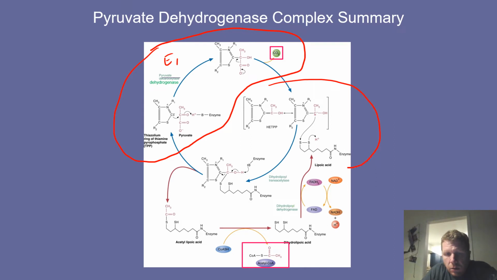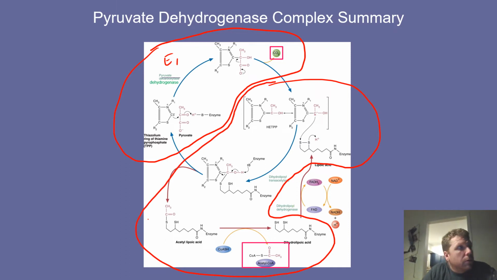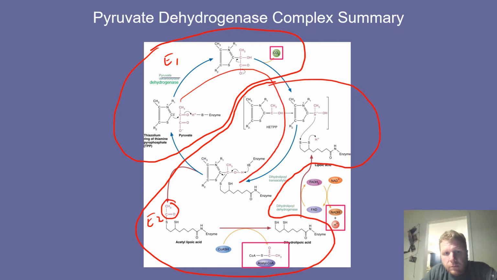This right here is our E2, where the two carbons that remain from our pyruvate go through a couple of different steps and then are transferred onto the reduced form of coenzyme A, and we make acetyl coenzyme A right here, which is displayed right there.